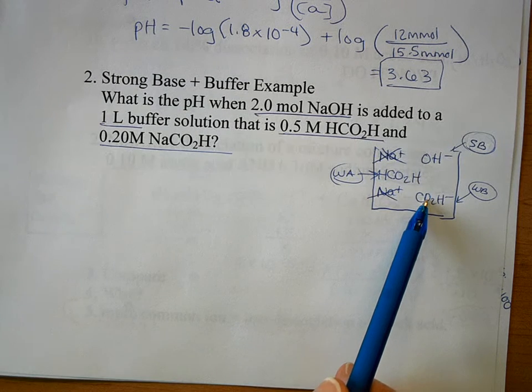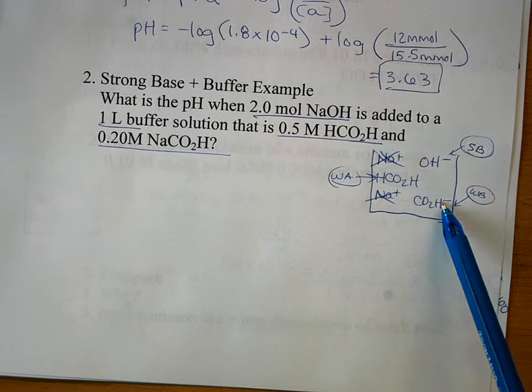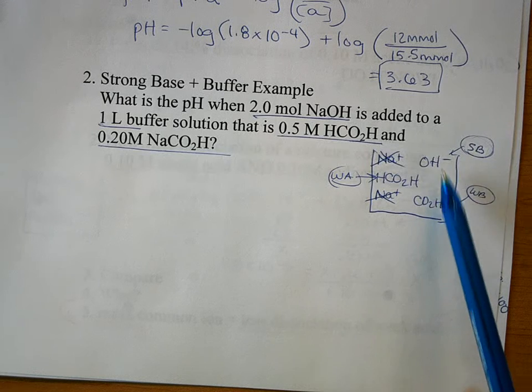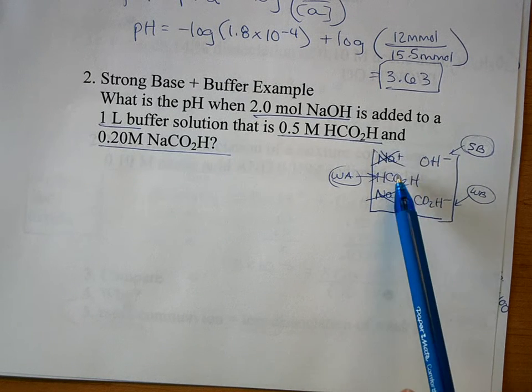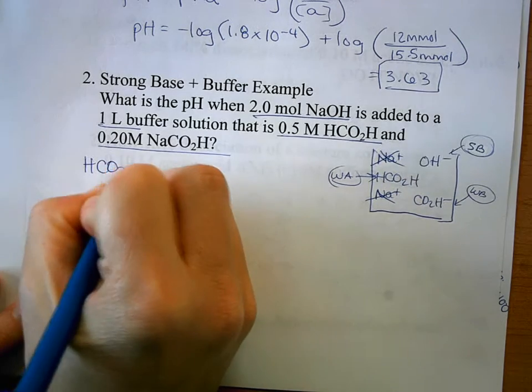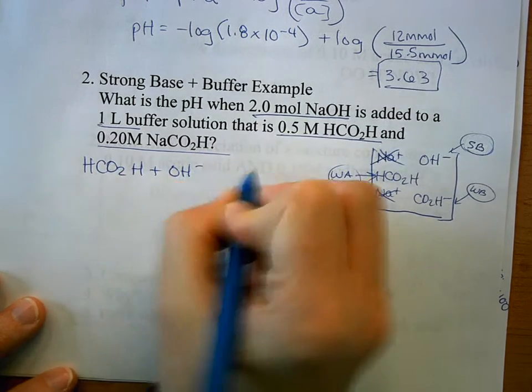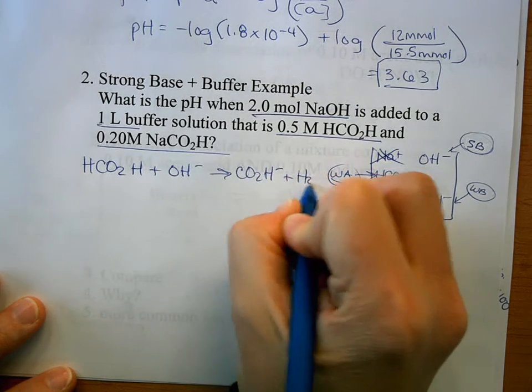And I can't really have these two guys reacting on the same side either because they're both bases. So I need my hydroxide ions to react with my weak acid. So I get HCO2H plus OH minus gives me CO2H minus and then plus H2O.